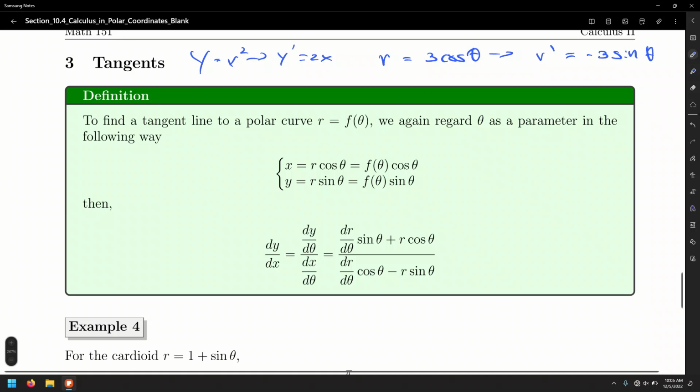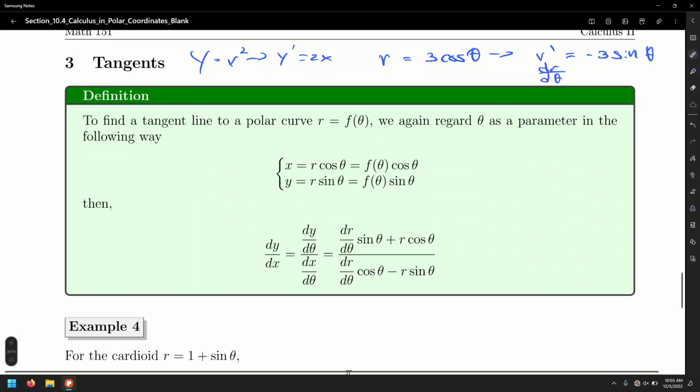That's because in the polar system we have an independent variable theta and a dependent variable r, which is the angle and the radius respectively. However, in this situation, all we're doing is finding the rate of change of the radius with respect to the angle.